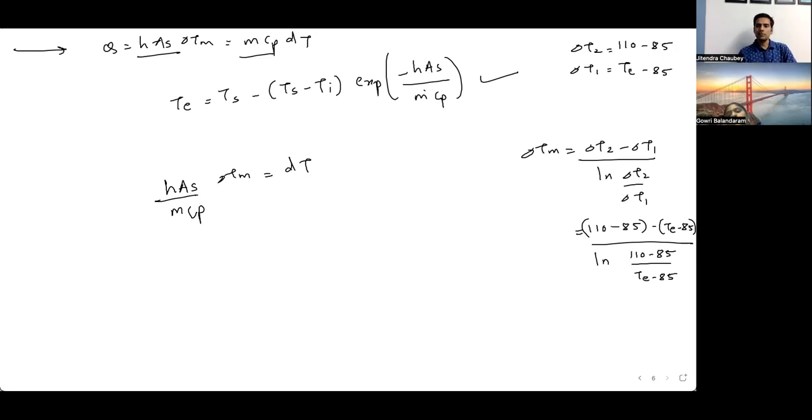This can be simplified. In the numerator, minus 85 and plus 85 will get cancelled out. This will look like 110 minus Te upon ln of 110 minus 85 upon Te minus 85. This is the delta T mean. You can substitute it over here.